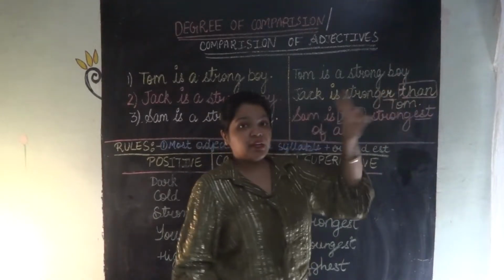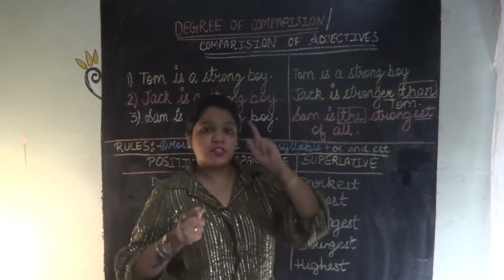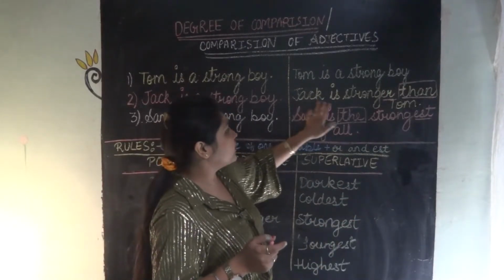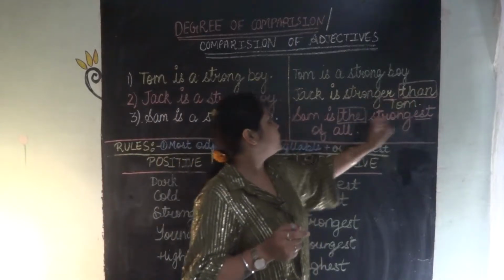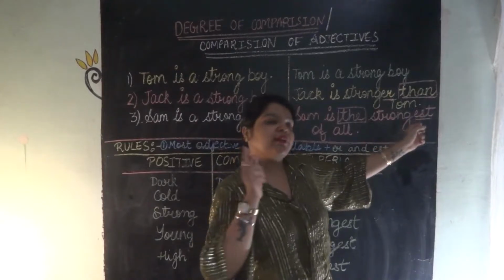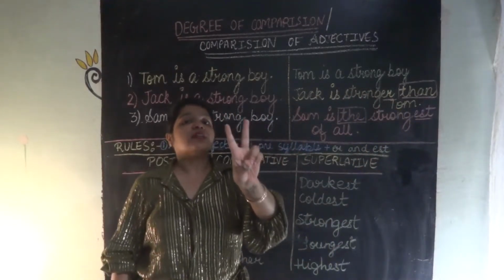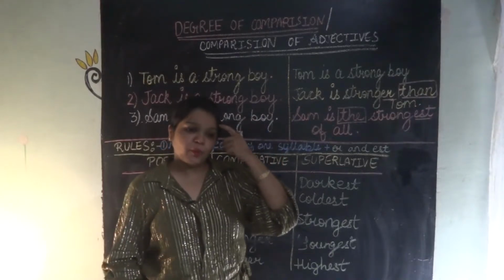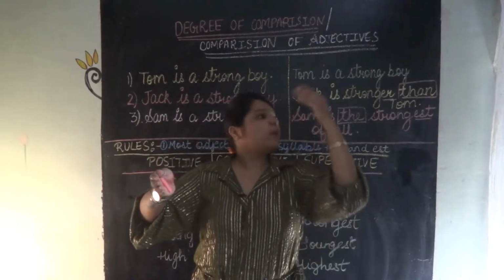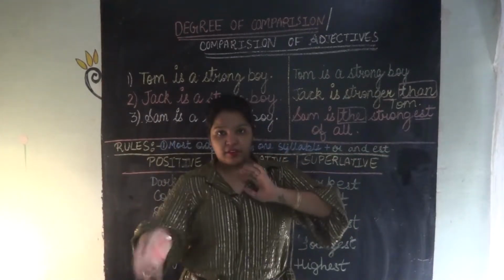In the comparative degree, only two things are compared with one another. Keep in mind, this one is the comparative degree and this EST one is the superlative degree. If one thing is compared with one other thing, then we use the comparative degree.